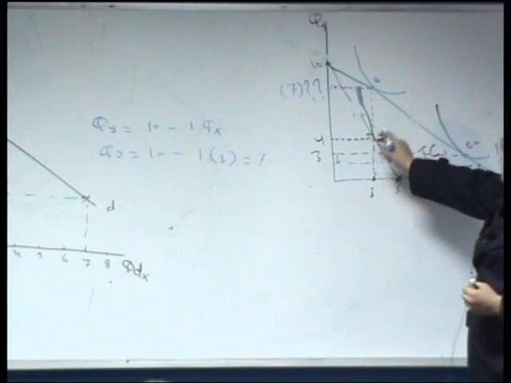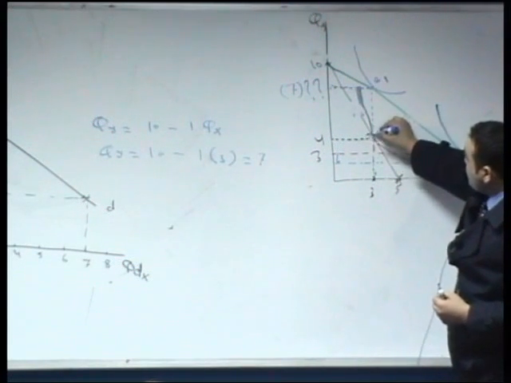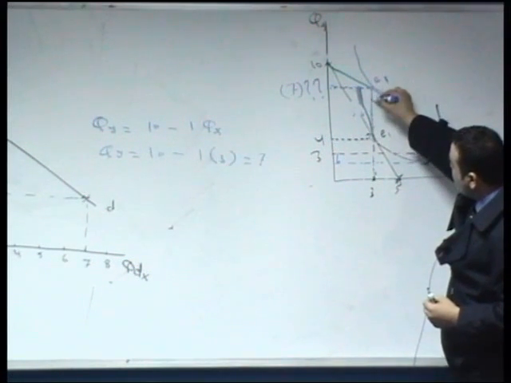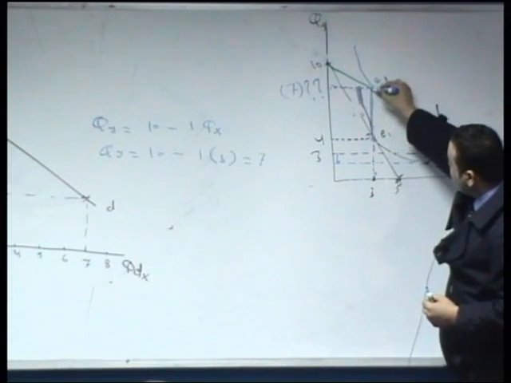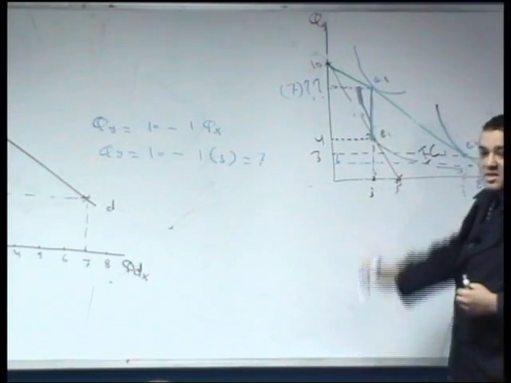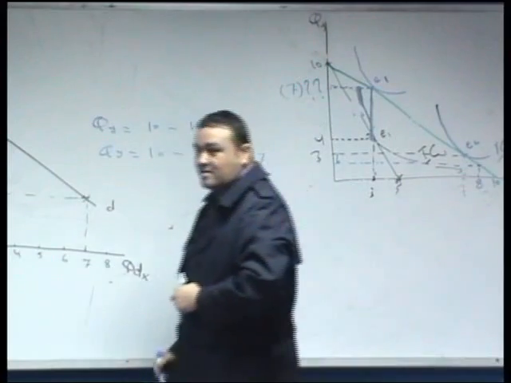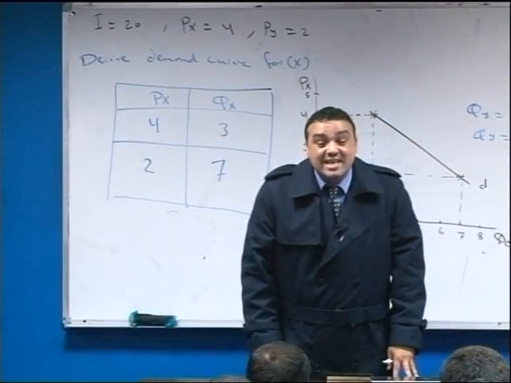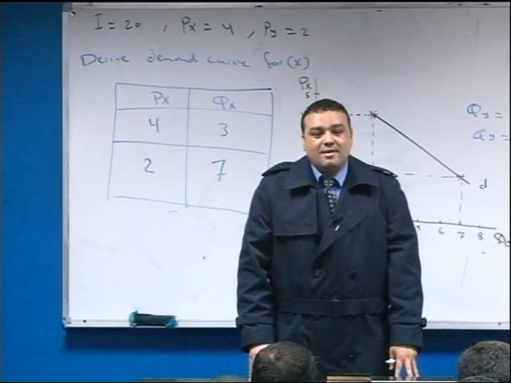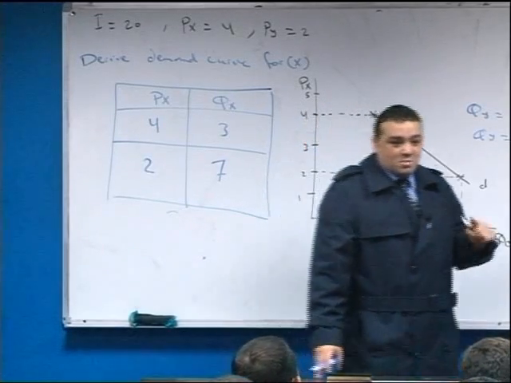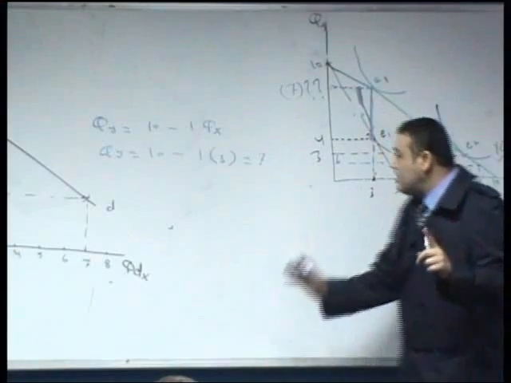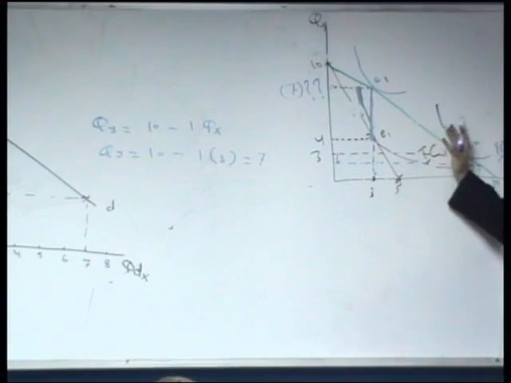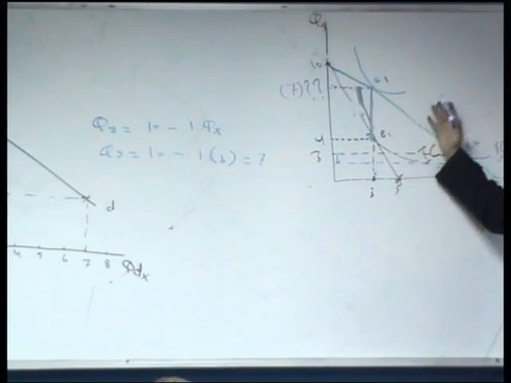If we connect A1 with A2, this line is called the price consumption line. Which means no. Because in this case, the price of X declined and then the consumption of X increased.